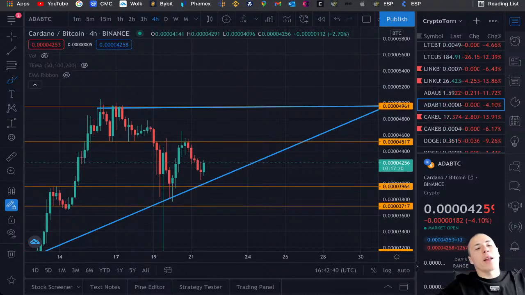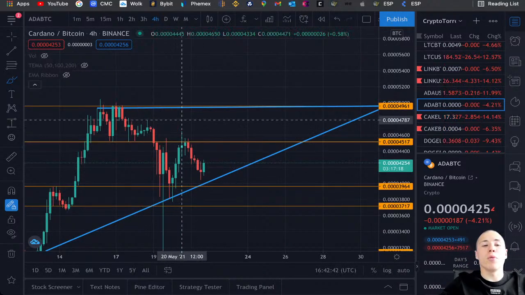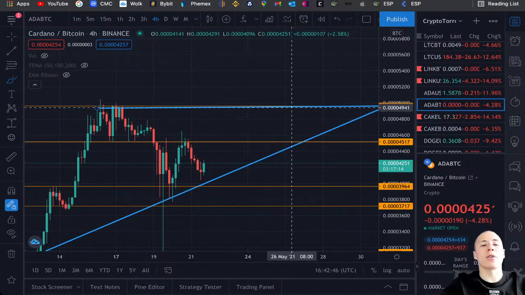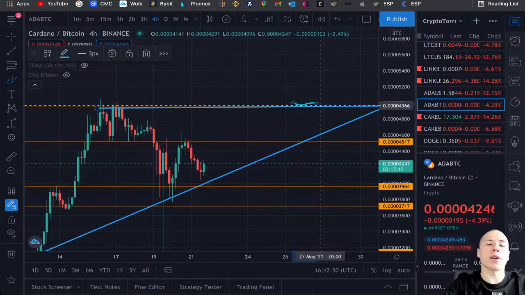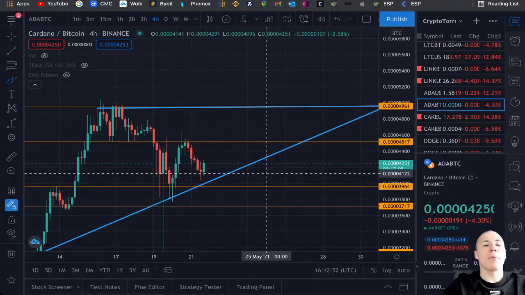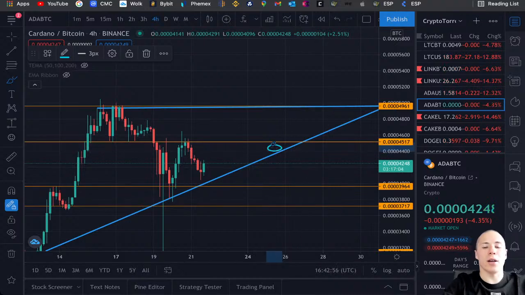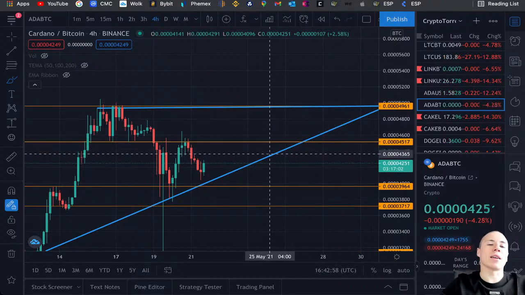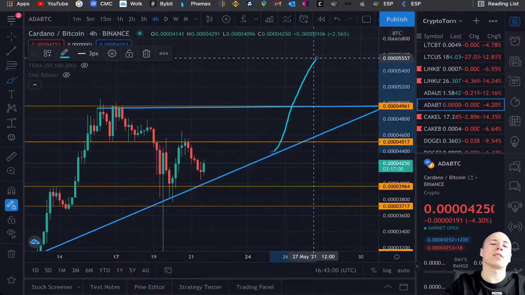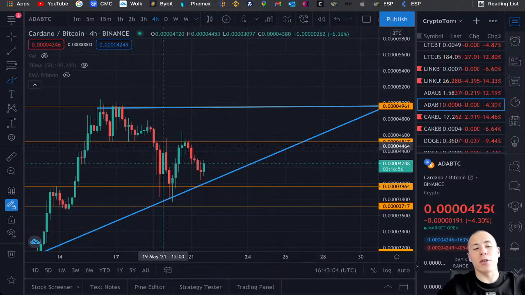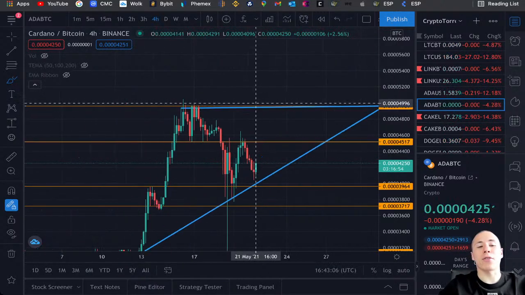And that is personally what I'm waiting for. Of course, you can also wait for this pattern to break out above this horizontal level of resistance and find support on top of it before entering a trade. But I personally like to place my trades a little bit earlier, so you can gain even more profits while doing so. Of course, this is a riskier version, and it is not meant for everyone.